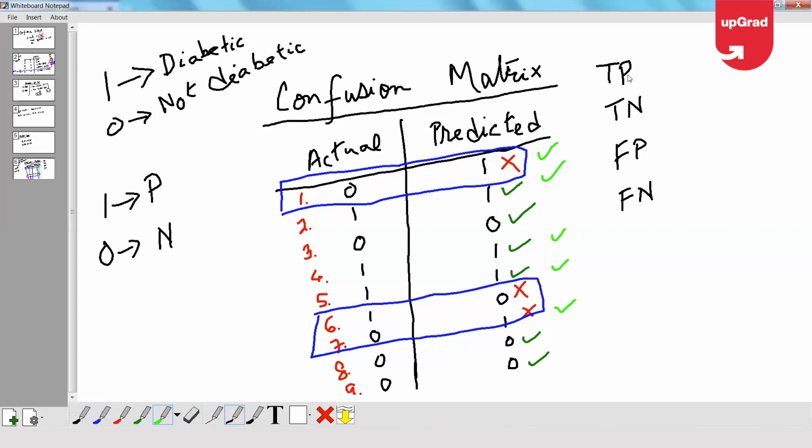Those are positive predictions. Now, out of these, how many are true, how many correct predictions have we made? This T and this F mean correct and wrong.